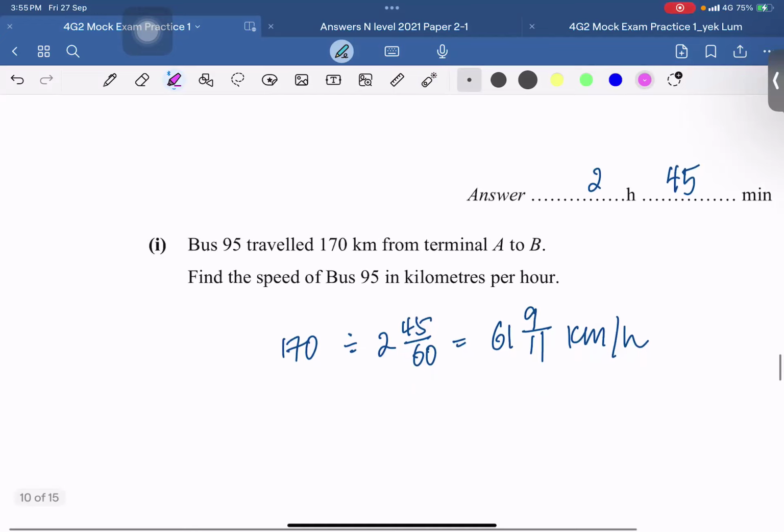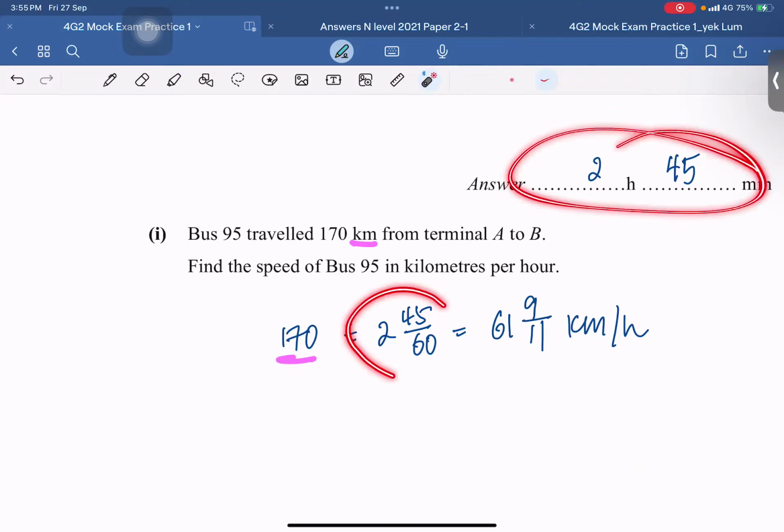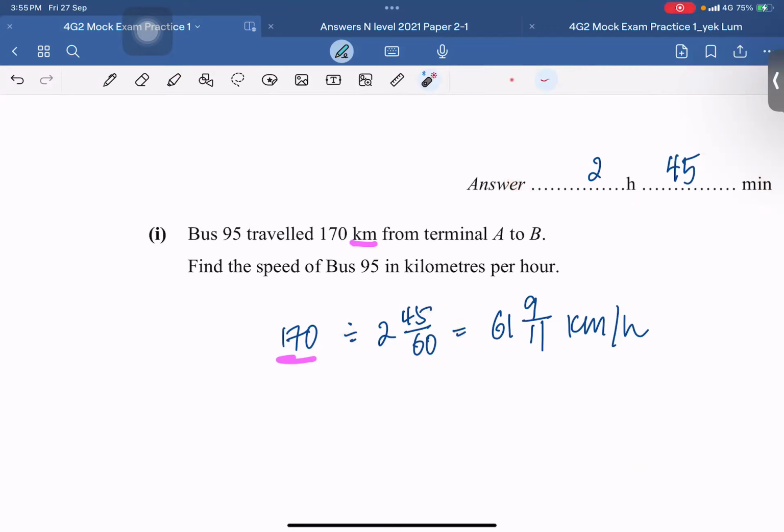Now they want speed in kilometers per hour. This is already in kilometers, so I left to change my minutes to hours. This one changes to hours, so 45 over 6. Then distance divided by time to give you the speed. I try not to write inaccurate numbers, so I wrote it as a fraction.